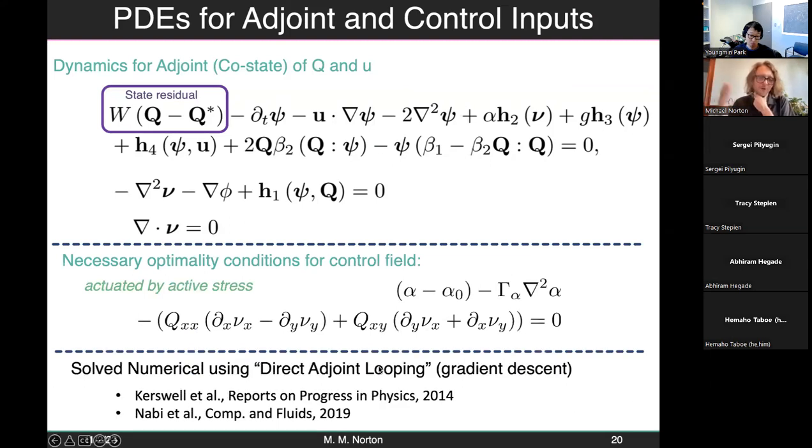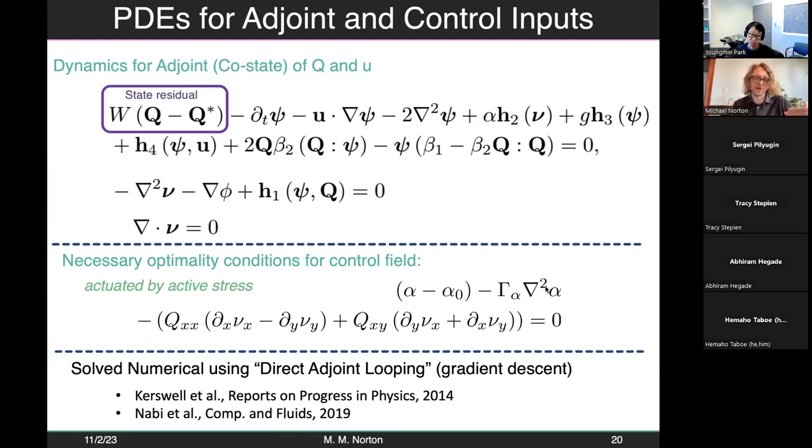We basically use an approach called direct adjoint looping. It's really just fancy gradient descent. So we use this adjoint to back propagate the errors, and that's very analogous to what's done now in machine learning. I call it running the adjoint, but machine learning people will call it back propagation. Same idea.